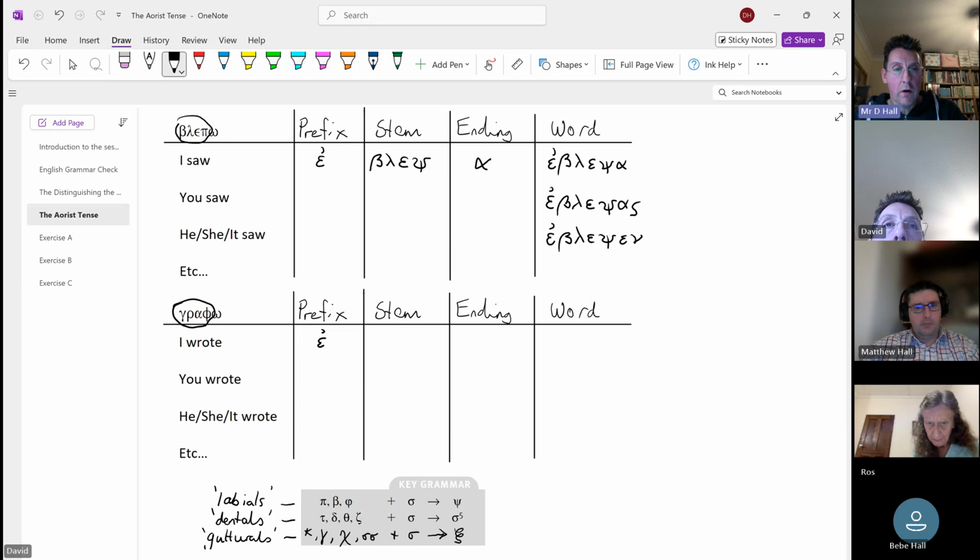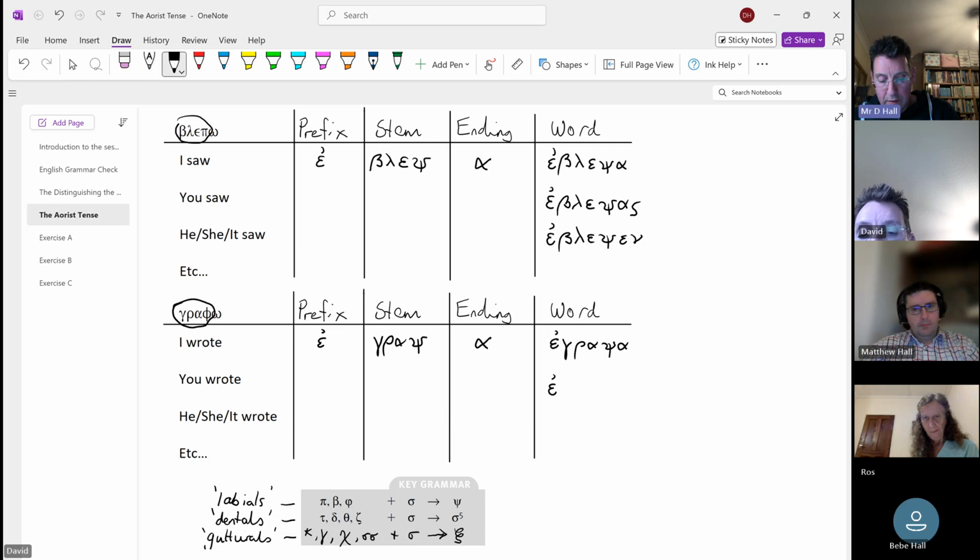But because of the phi, the phi and the sigma, which again is one of these ones, is going to turn my stem into graps. And then you've got the alpha ending. So you end up with egrapsa. And then all of the endings follow exactly the same thing.